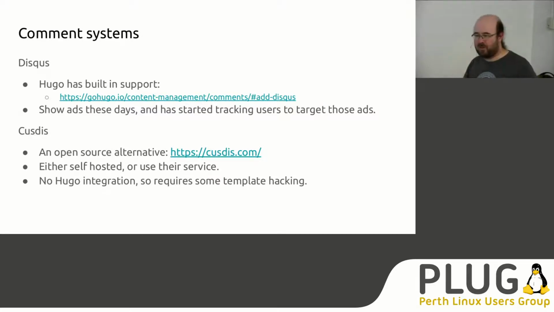At the moment, their system is free, but on the website they're saying they might have a paid tier at some point in the future. It's hard to tell what level of traffic you need to get before that'll be a problem, and it's not really clear when they're going to introduce that paid tier.